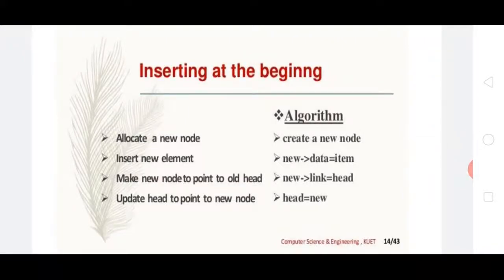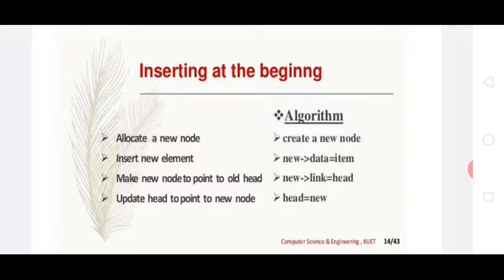First, create a node. Suppose you want to insert a value or node at the beginning of the list, first we have to create a node. To create a node, you have to perform one operation, which is the malloc operation. By using this malloc inbuilt function, it will create a memory block inside the computer.